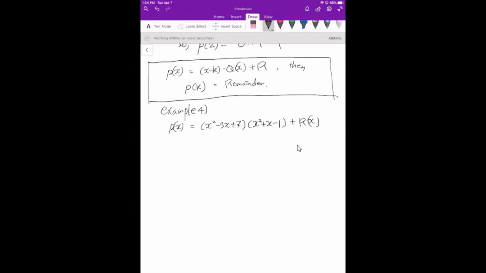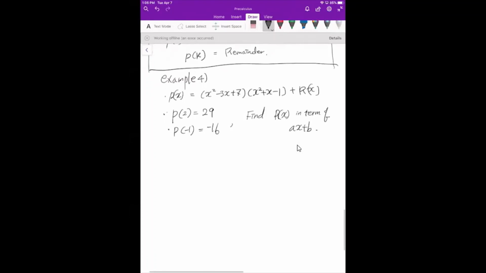P(x) has, sorry, it's not zeros. When x is 2, you have a remainder of 29. When you have P(-1), which means negative 1 is your x, you have negative 16 as your remainder. Your job is to find your remainder in the form ax plus b.